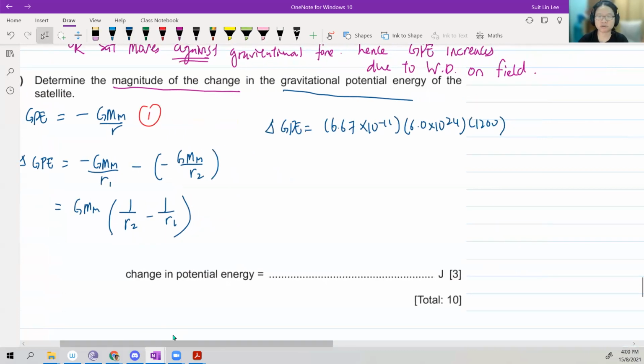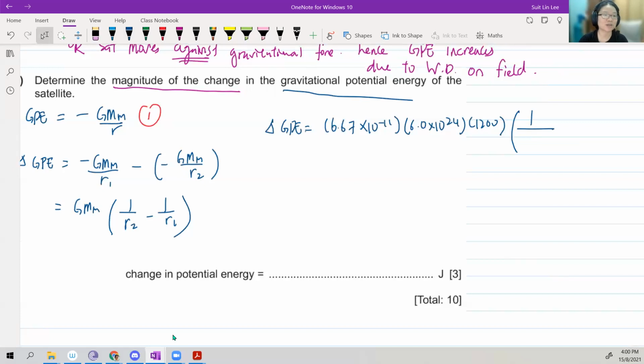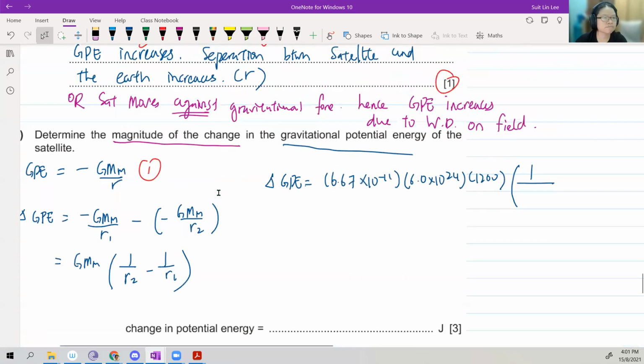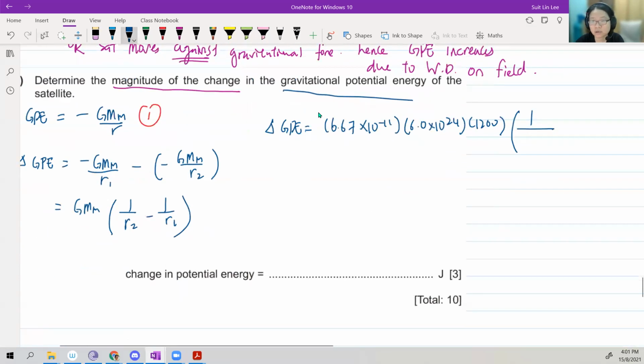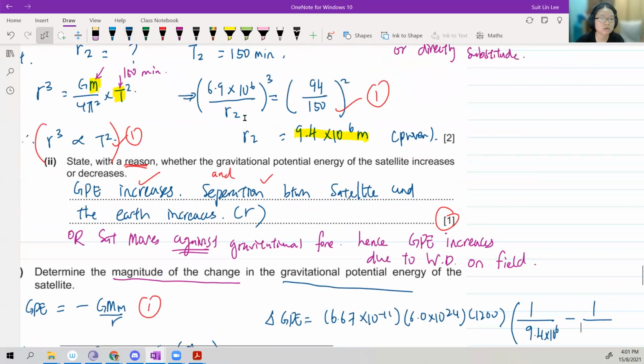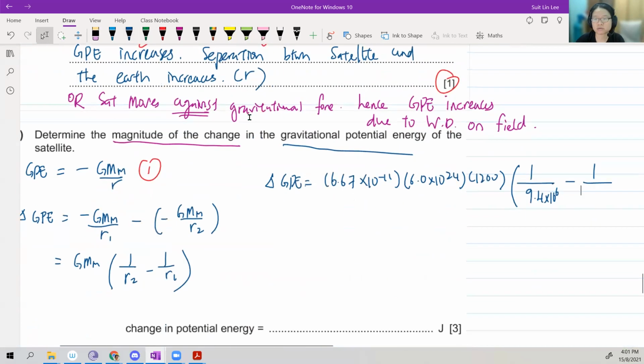So to get a positive number, I'll just do this so that you can see the increase. So R2 is the final state. Final state is this one, 9.4 times 10 to the power of 6, minus the initial state, which was 6.9 times 10 to the power of 6.